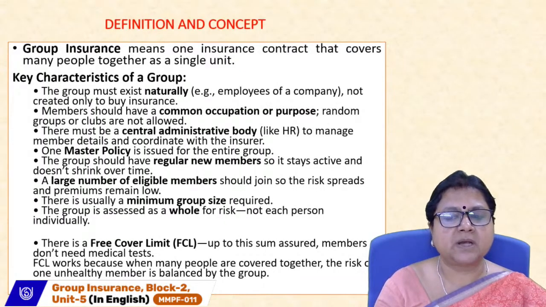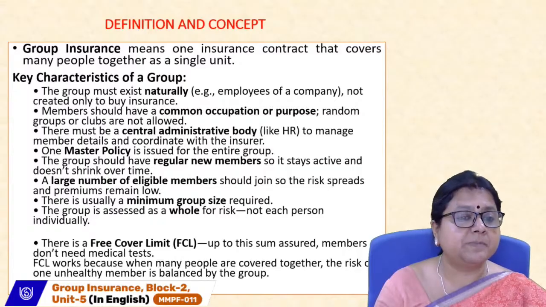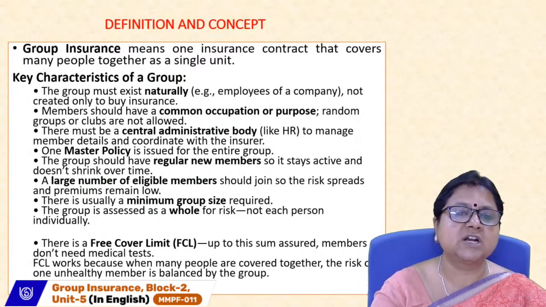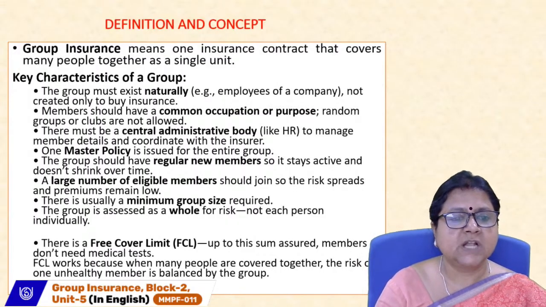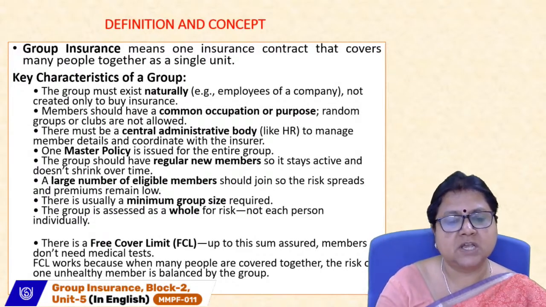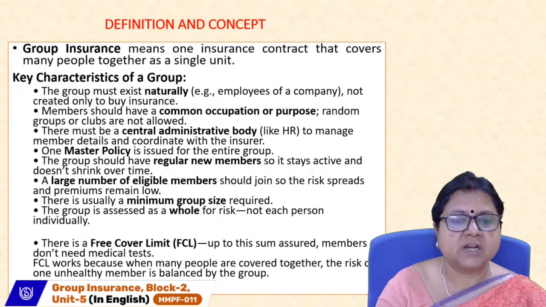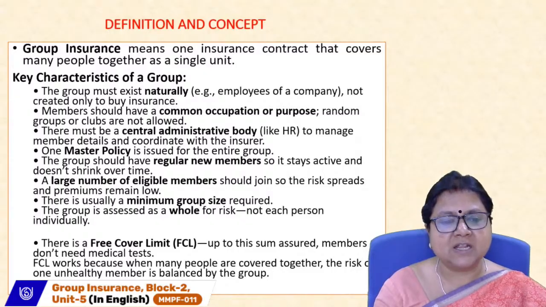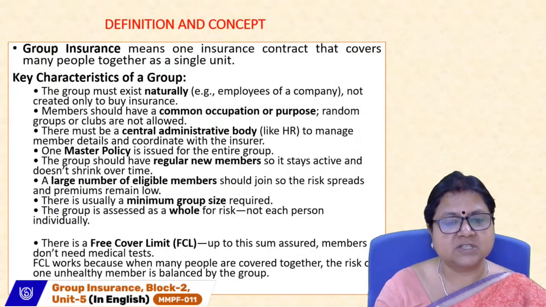So the risk is less when more people pay the premium, and the premium also remains low because there are so many people in that particular group. There is usually a minimum group size. Every type of scheme will have a minimum group size, like 50 or 100 or 150. It varies, and as per the scheme, the group size will be defined.